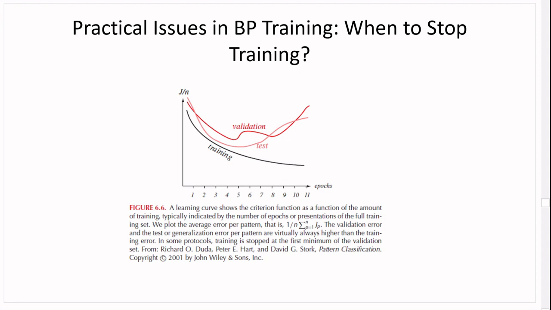Another point is, when do we stop the training? As I said, the training can be long, so one needs to figure out when we have reached a stage where it's good to stop. To do that, typically people take the total available data for building the model and divide it into 3 parts: training set, validation set, and test set.